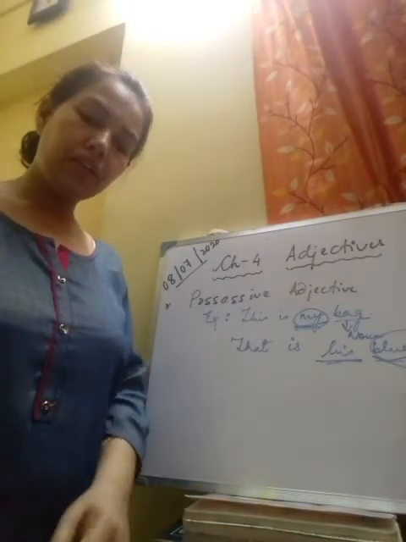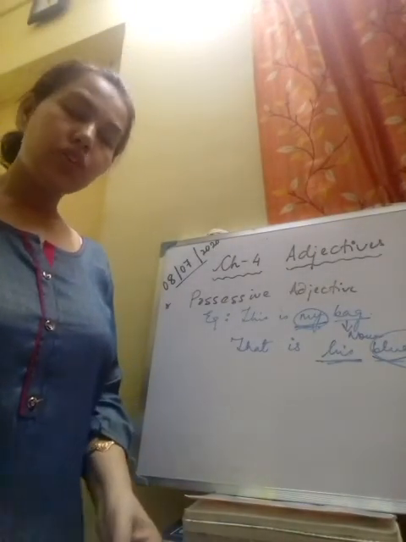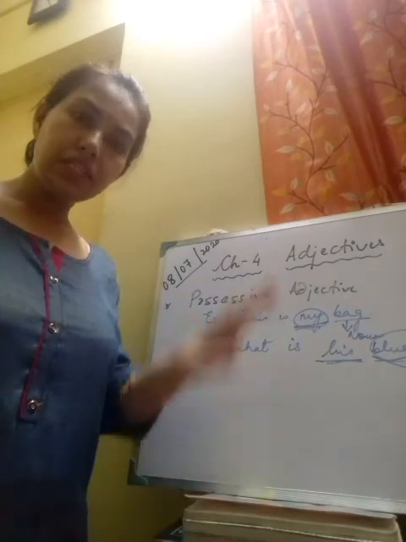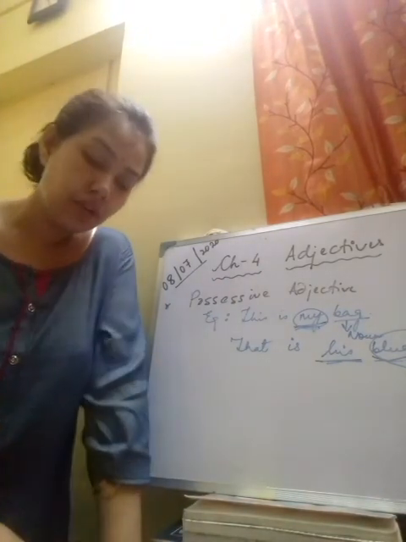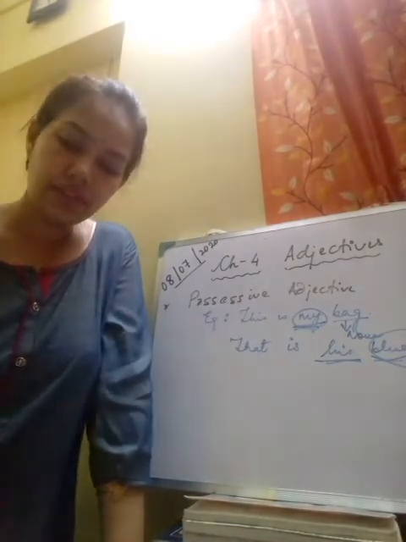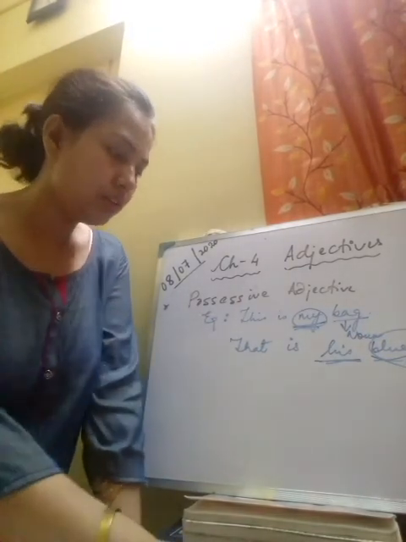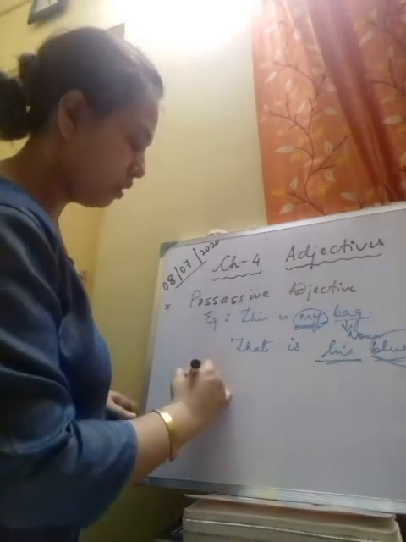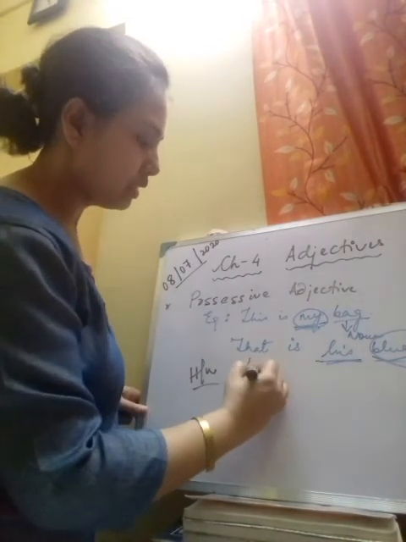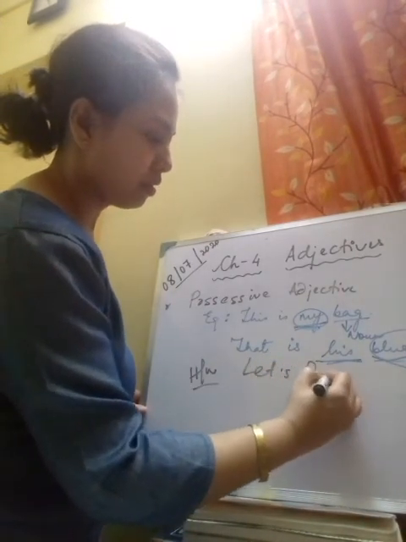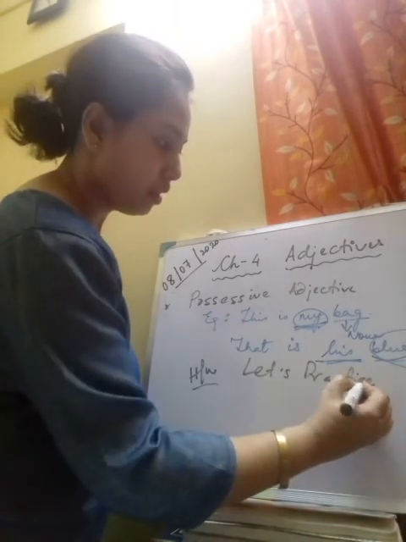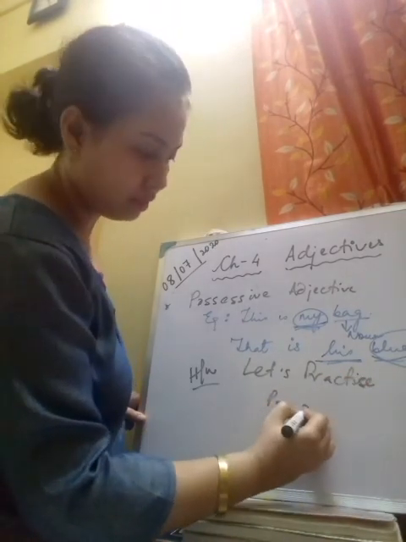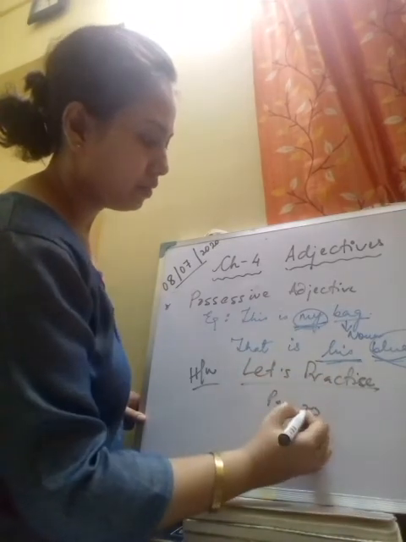I do not want to continue more. Please go through the chapter, these parts at least, with the examples given in your book on pages 29, 30 and 31. And there is a homework, children. The homework for you will be the exercise given to you on page number 30.